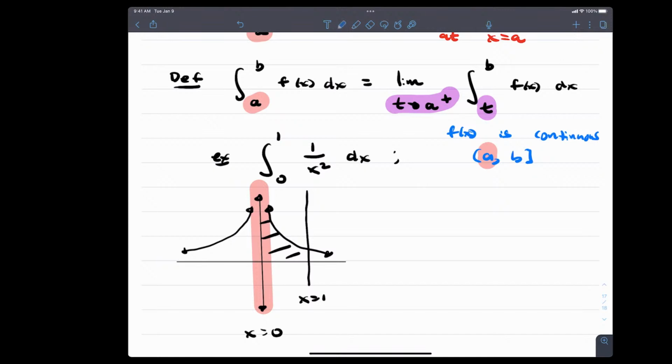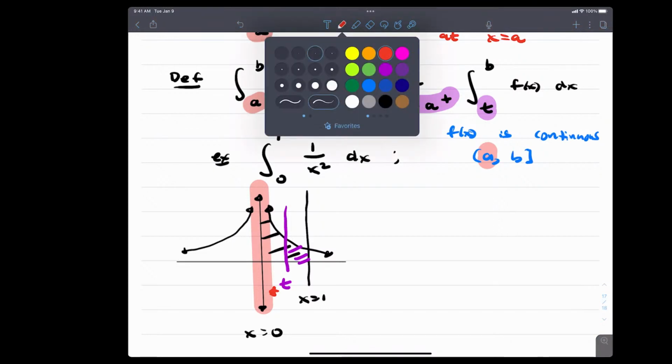Now remember, they're going to say again, do this here. Don't integrate there. Integrate from t to 1. Find that area. Now t will have to go to 0 now from the right side. That variable t. Remember, this is 0 and this is t. You're going to go from the right.